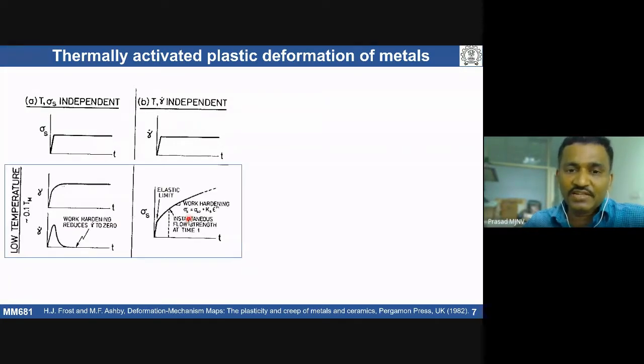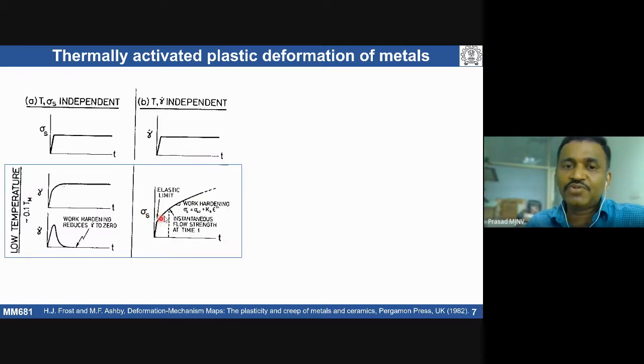If you do a tensile test at low temperatures, around room temperature or below, typically we do see work hardening. If we do tensile testing, we see a stress strain curve, and I'm talking about only how the stress is varying.